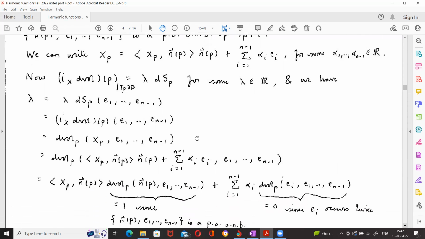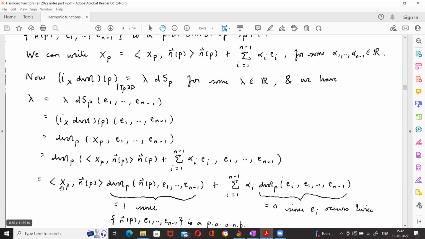Now I write X as this linear combination of N and the basis vectors E_i. So this becomes dvol of the inner product of X with N times N plus summation alpha_i E_i, and then E1 to En-1. Now I use multilinearity and expand this out.